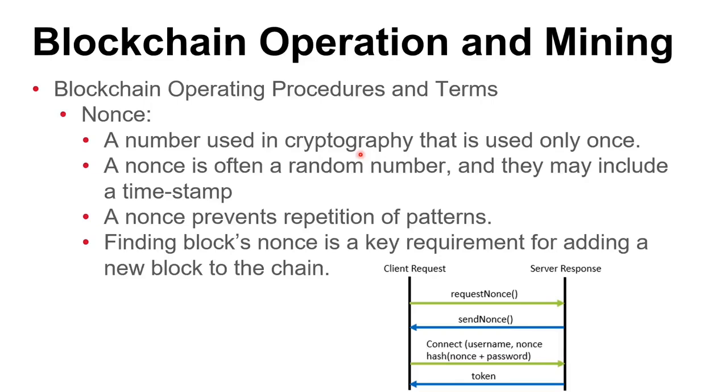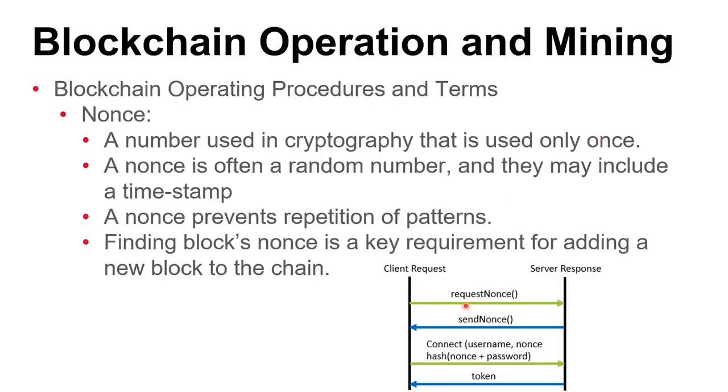So if anybody had thought that they could cause difficulties on the blockchain by looking at patterns, the nonce is there to prevent any kind of patterns. And finding the block's nonce is a key requirement for adding a new block to the blockchain.